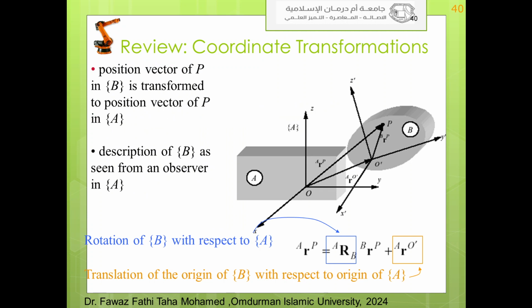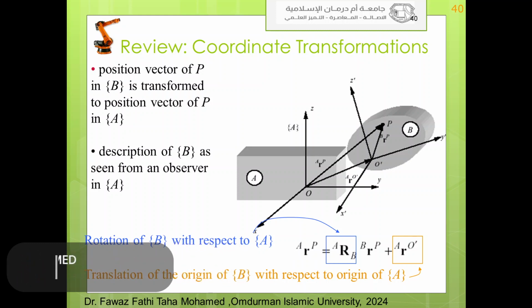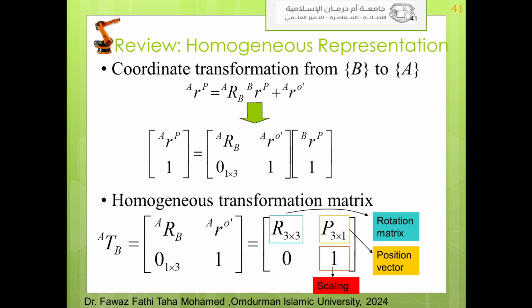Here as a review for the homogeneous transformation, we have a relationship for position and orientation for any frame with respect to another frame, which contains the rotation matrix, the position vector, and the scaling value.